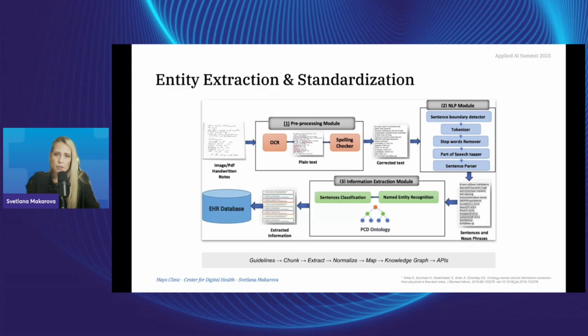And the way we handle entity extraction is best explained by a diagram published in 2019, an assembly line from raw text to structured facts. In our case, the raw text is clinical data and guidelines. We first chunk each document into meaningful units: sections, recommendations, and tables.